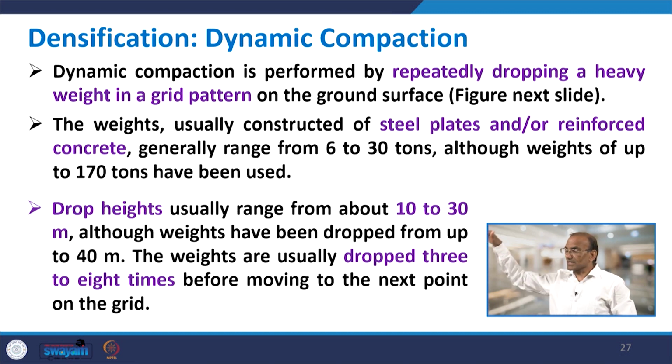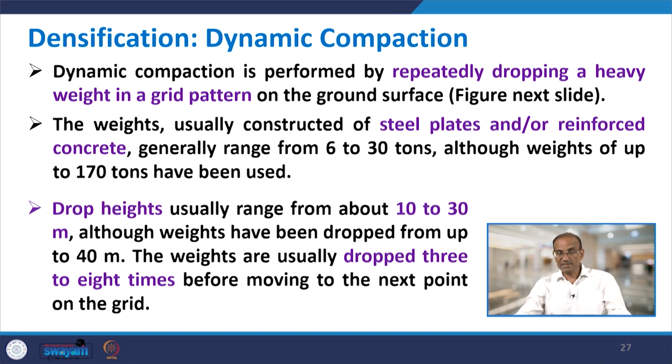In vibro flotation or vibro rods, you are inserting something inside the ground. Here you are not inserting; rather, you are impacting from the top and striking the surface rather than penetrating. Here, in dynamic compaction, you are striking with a weight.